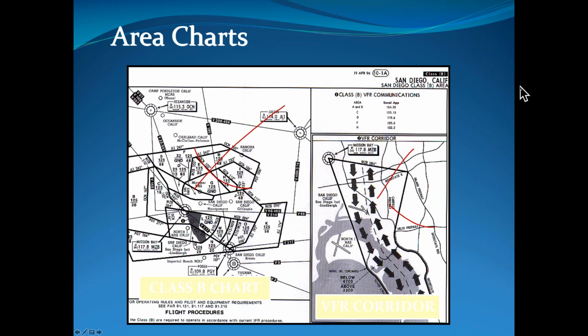So it's just way too detailed information for the type of flying we do. They may take a look at them in training, but that's the only time they'll really use these charts. But that's pretty much it.